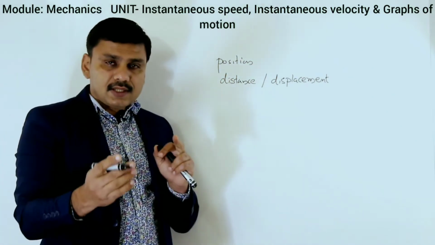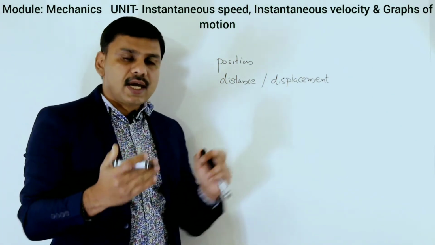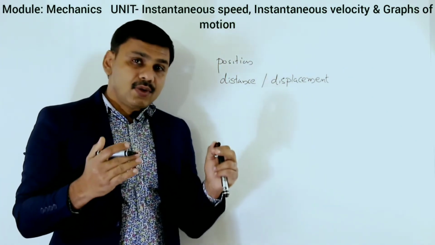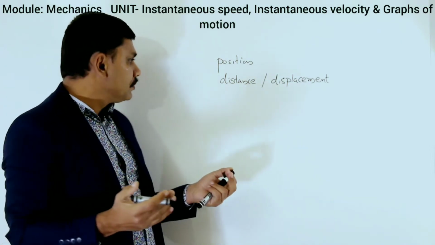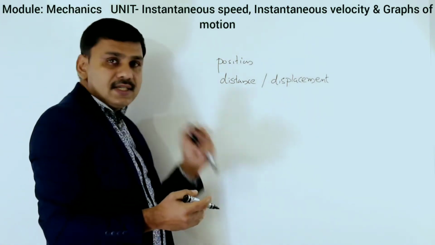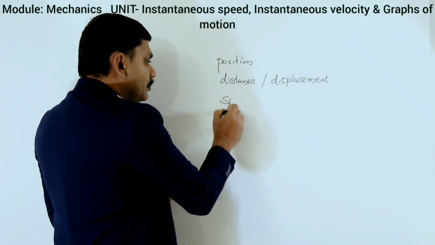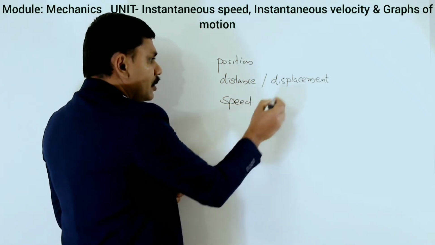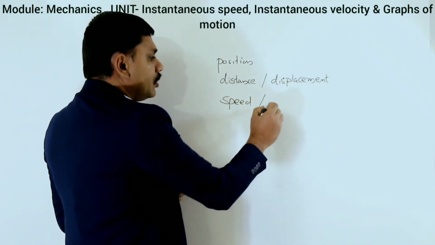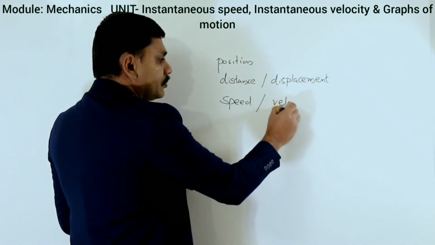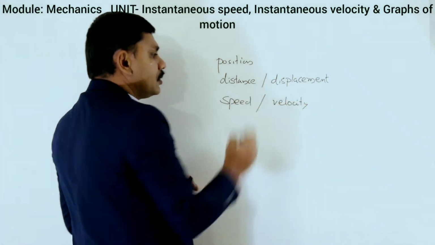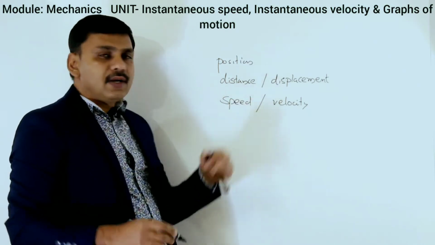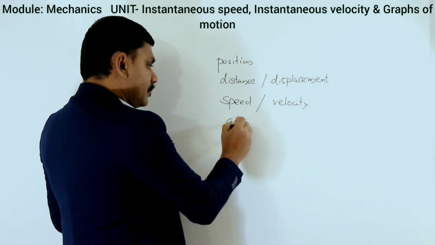When the position changes, that change in position can produce distance or displacement. From distance you will get speed, and from displacement you will get velocity. Then from speed or velocity you will get acceleration.